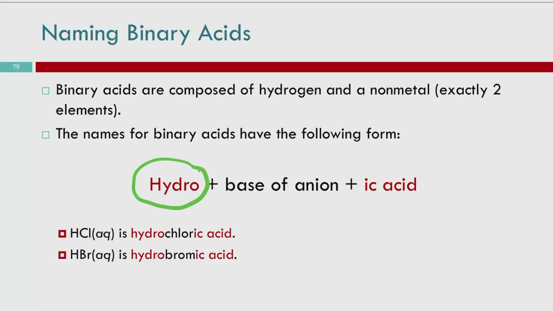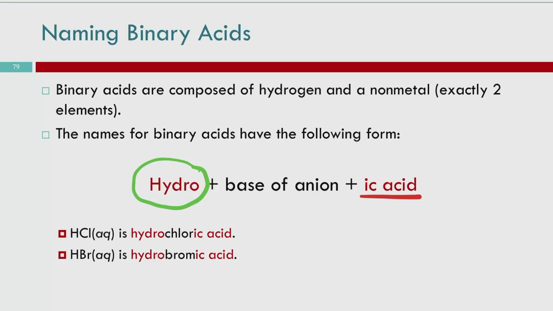We have some names for binary acids and oxyacids where if we don't have that hydro in front, the names are exactly the same. So the hydro lets us distinguish between those instances. So the hydro is the big part. Then we'll have the base of the anion name, and we change the ending to ic acid.